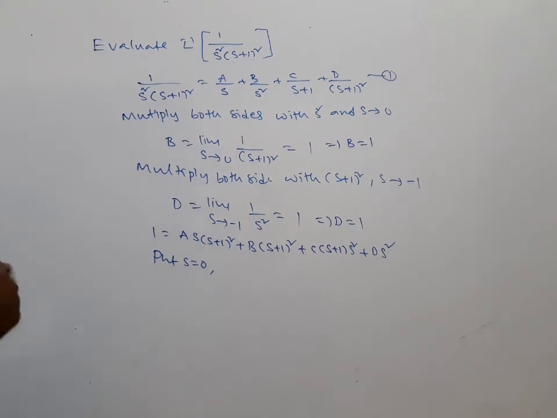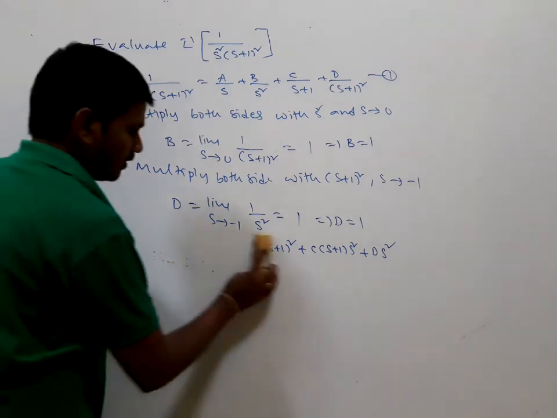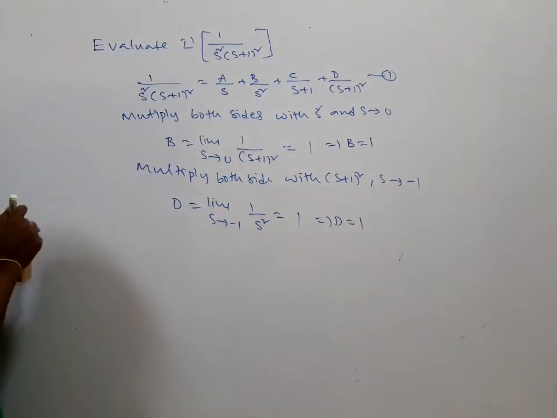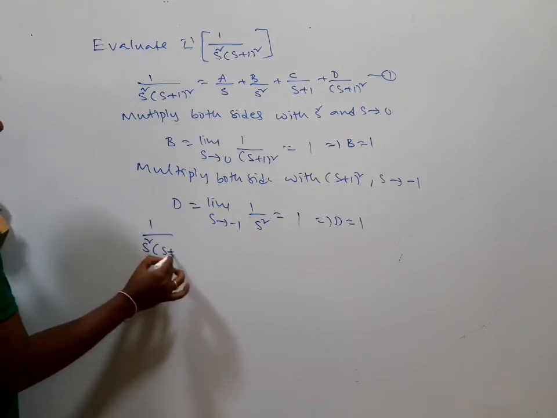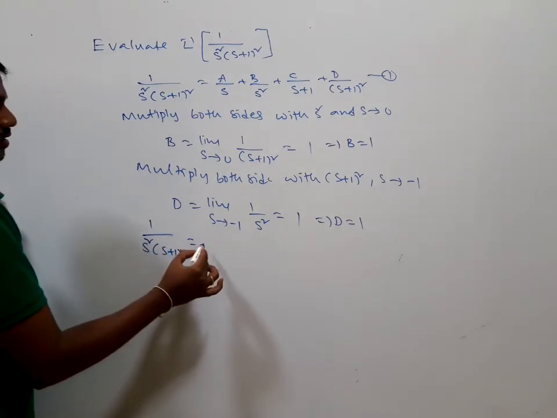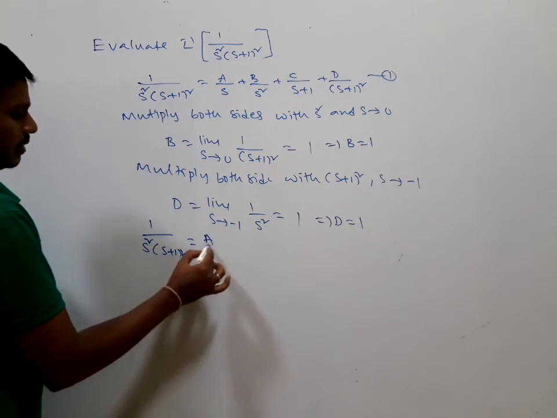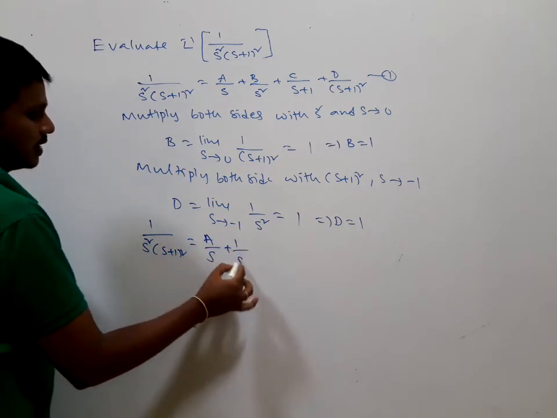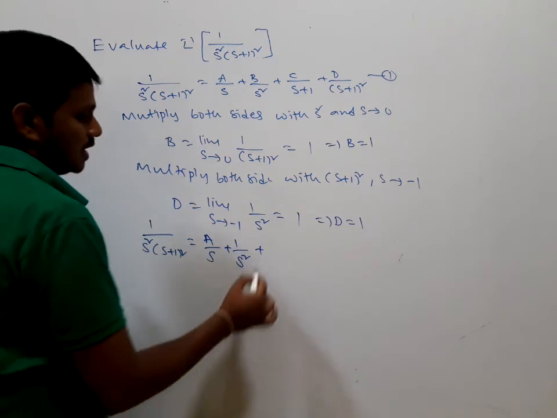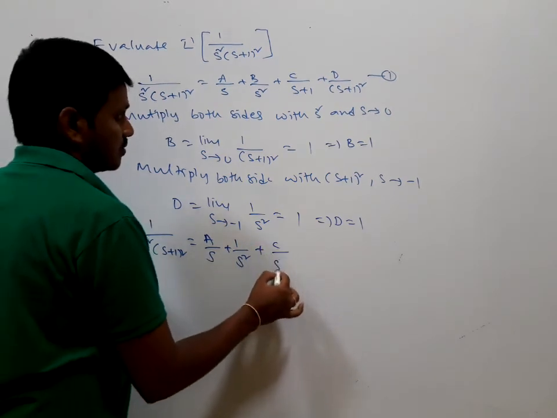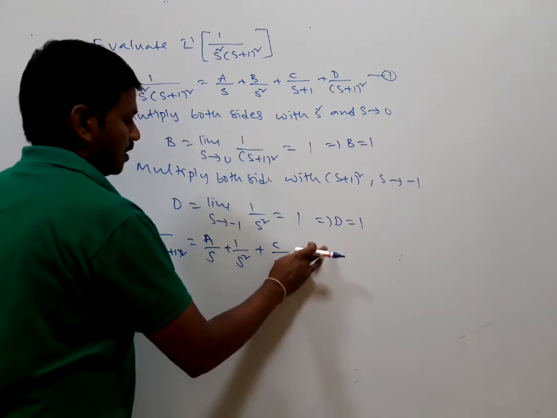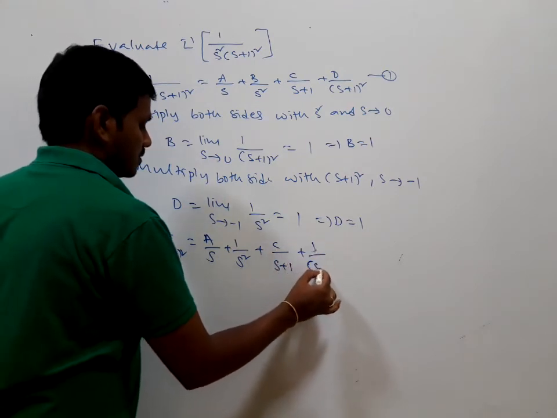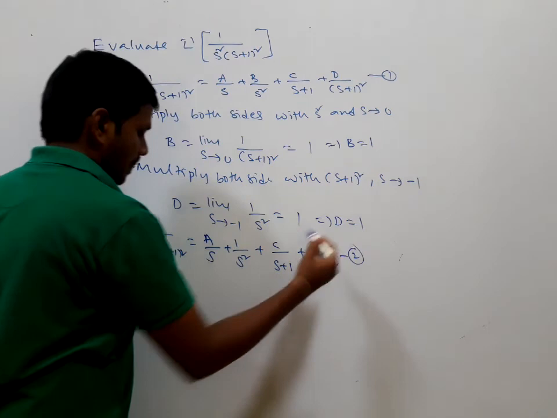After getting c and d, that equation 1 becomes 1 divided by s square into s plus 1 whole square is equals to a divided by s plus b, that is 1 by s square, plus c divided by s plus 1 plus d divided by s plus 1 whole square, say this is 2.